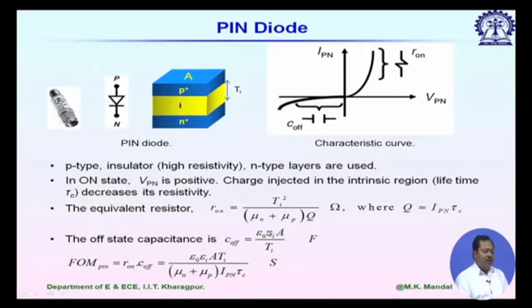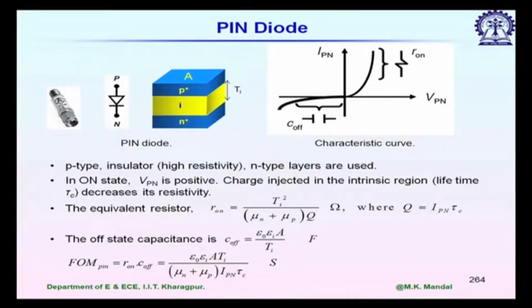A is the cross sectional area of the device, T I again the thickness of the intrinsic layer. When we apply it in switching applications, we will see later that we can define a figure of merit of any switch by R into C, because in forward bias or on state it will give some resistance, and in off state it will give some capacitance, and this resistance and capacitance determine the insertion loss and isolation of the switch.